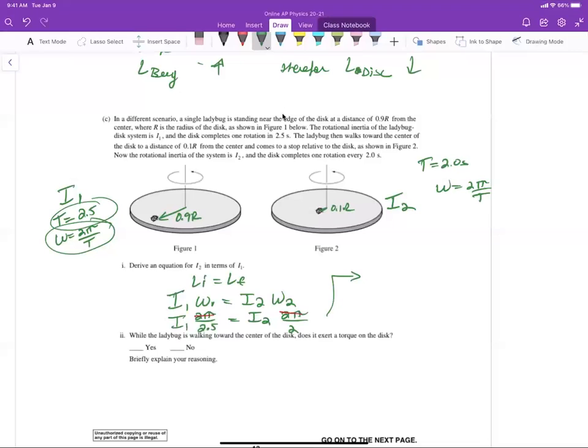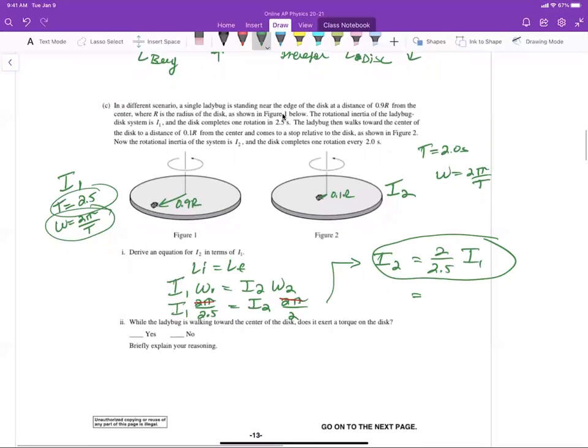I can't remember. Derive an equation for I2. Okay, I multiply 2 by both sides, and I get I2 equals 2 over 2.5 times I1, and that is the correct answer. And that was worth, I think, 2 points. 1 point for this, plus 1 point for getting the correct answer.